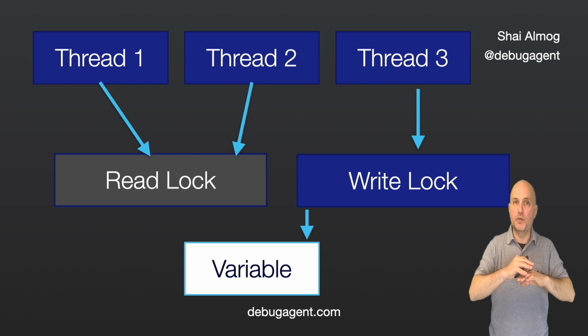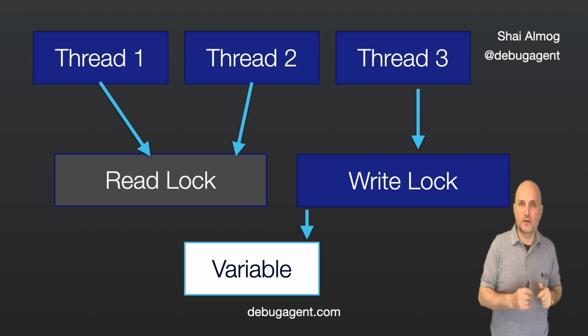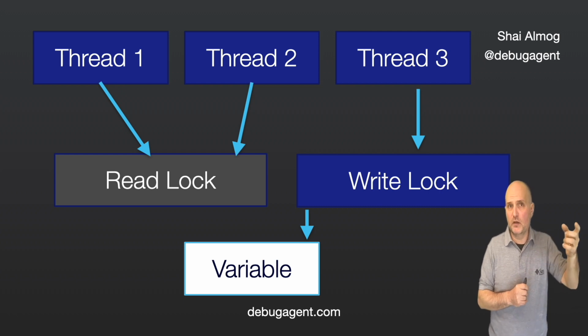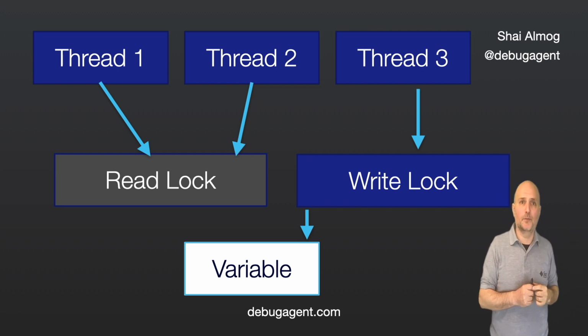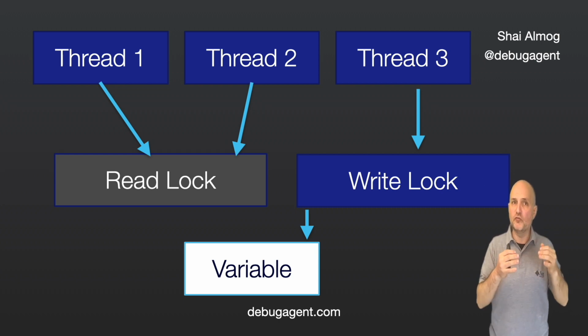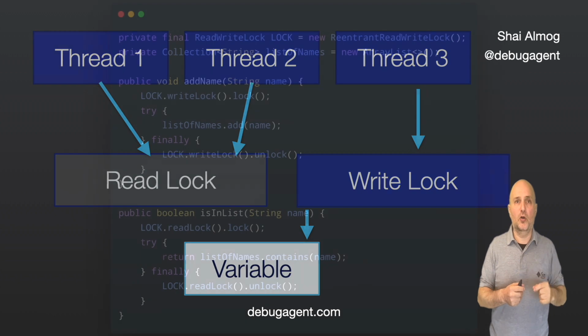All threads will be locked outside and the write lock will be granted. Then the thread will be able to change the variable value without worries that another thread might be reading the value at the same time. This is far more efficient as read operations are often more common than write operations. As a result, performance can be much faster than typical locks.